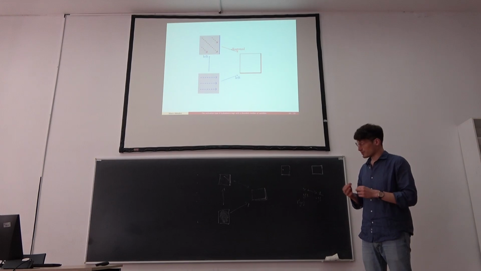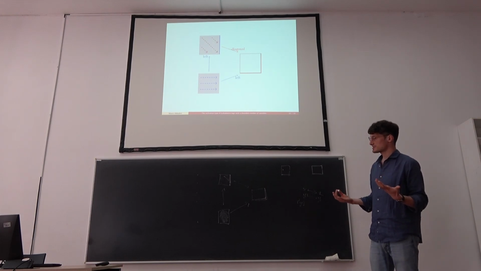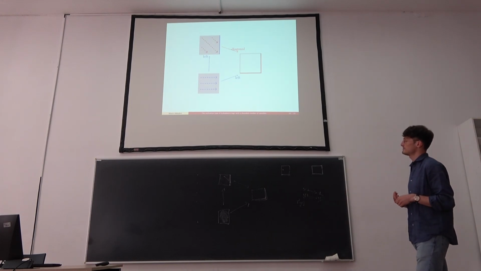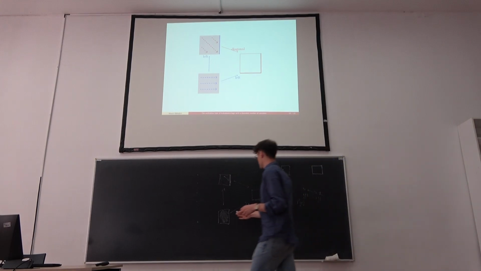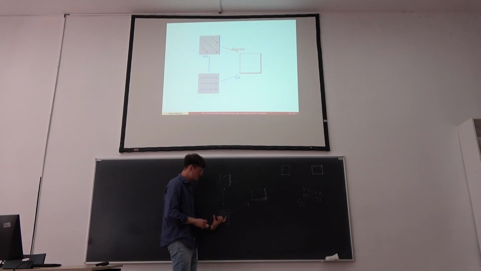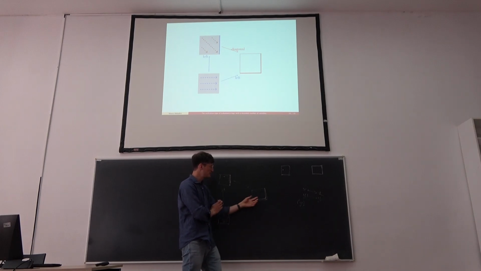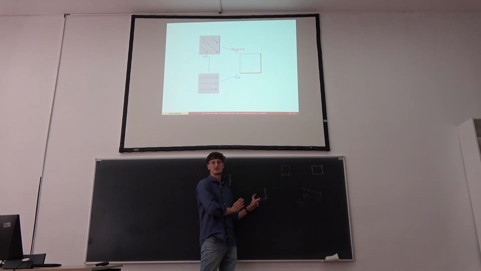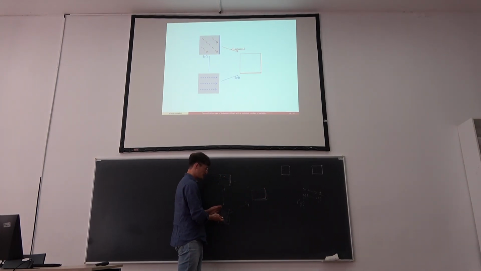Okay, so now, why does this work? Well, first of all, to find this non-surjective map, this right map, we use the fact essentially that the square has one dimension more than the border of the square, and so it's highly non-injective.